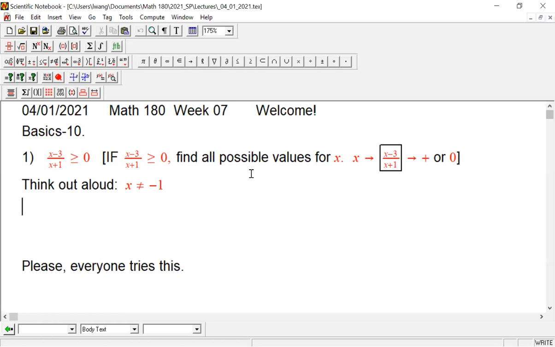Okay, Corin says x is less than -1 or x is greater than or equal to 3.